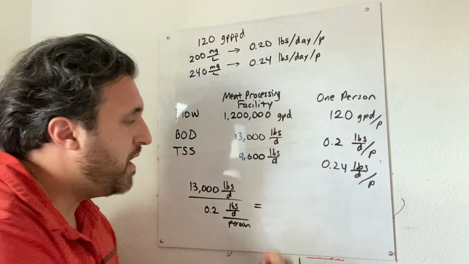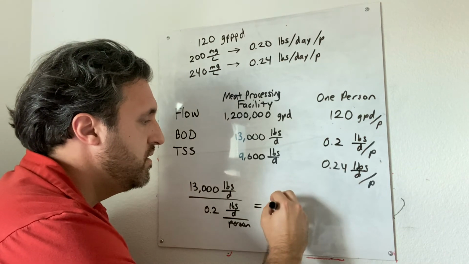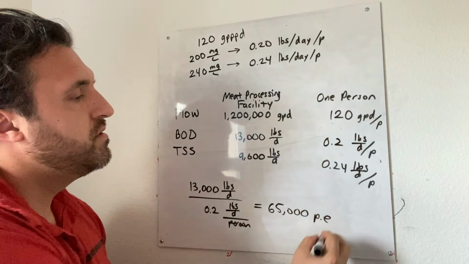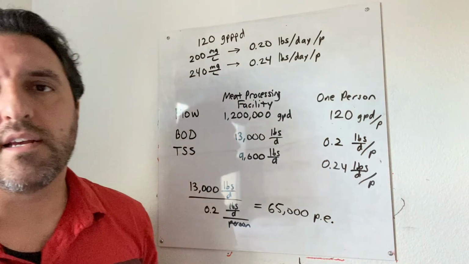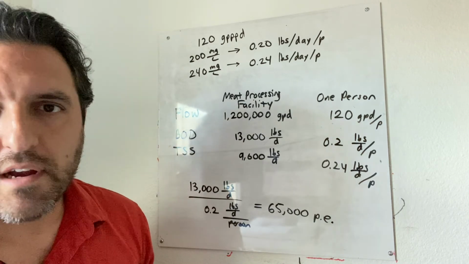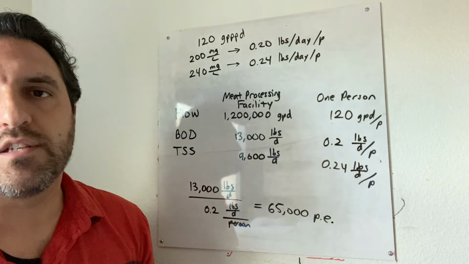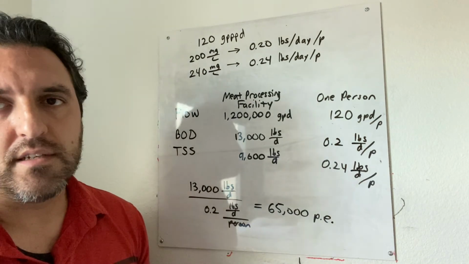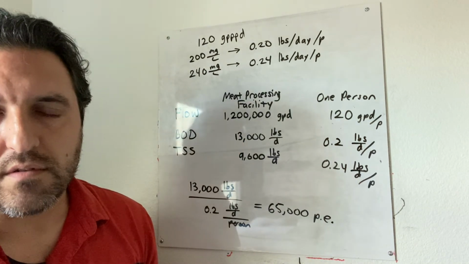And that gives us a population equivalent of about 65,000. So what this means is that the BOD strength, the organic strength of this meat processing facility wastewater, is equivalent to the BOD strength of about 65,000 individuals.